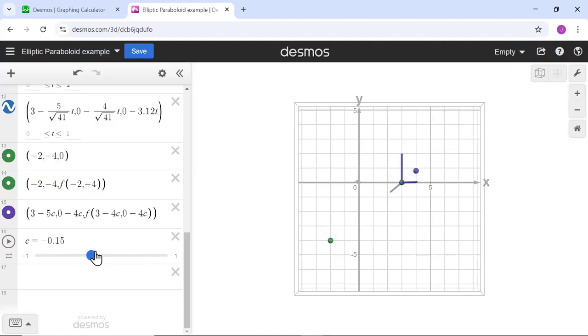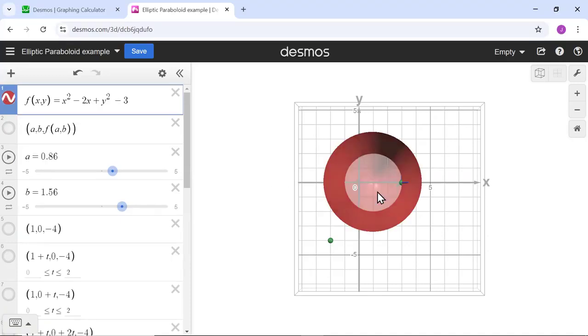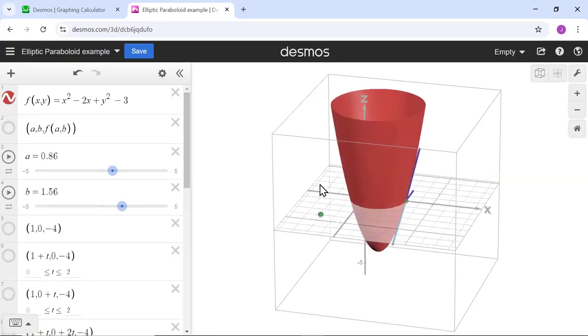So we're moving specifically in that vector direction, okay, of -5, -4. But as it moves, it's also moving vertically.